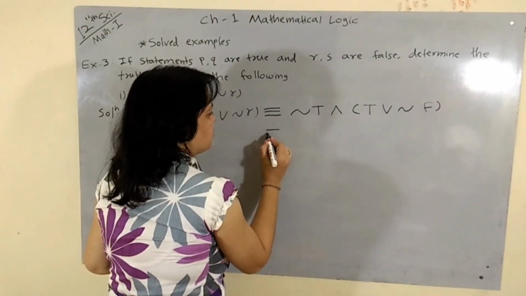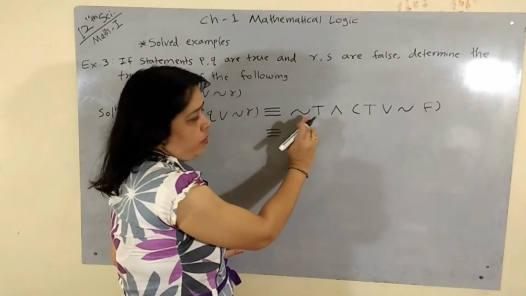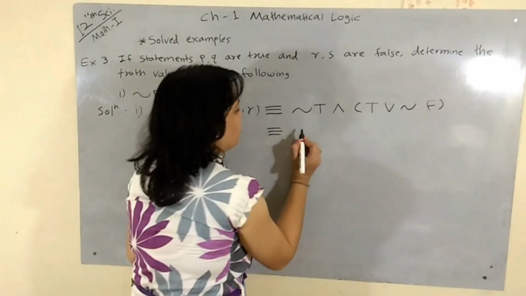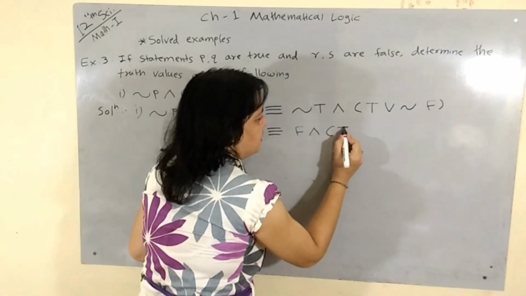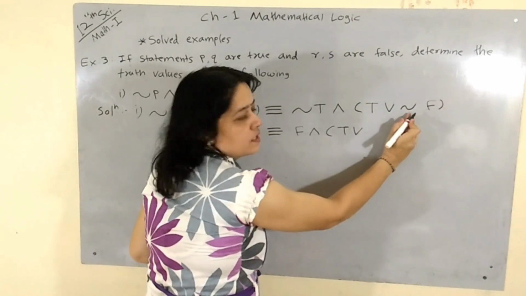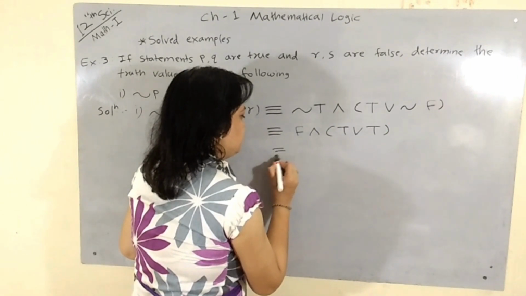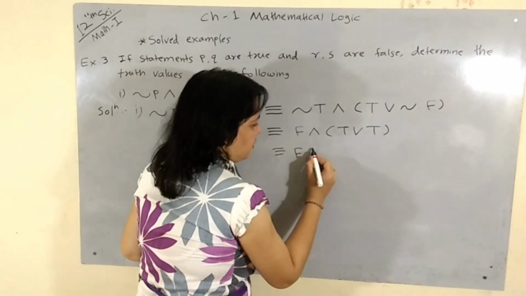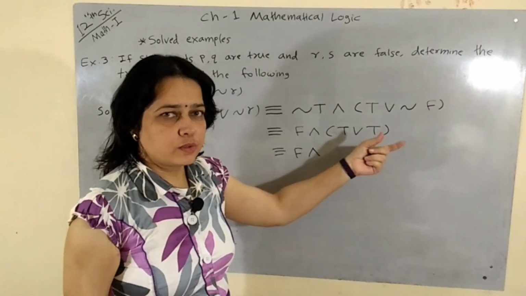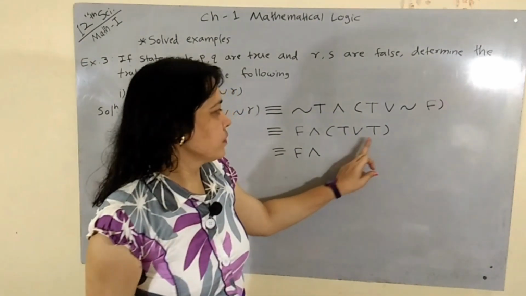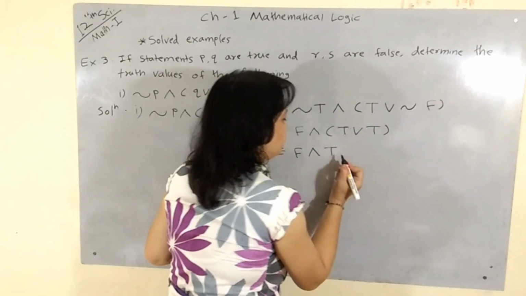So this is equivalent to, we know that negation of truth is false. So its negation is false. And T as it is, or its negation is true. So this is equal to F, and we know that true or true is equal to true. For both true, or is true, otherwise it's false. So here its value is true.